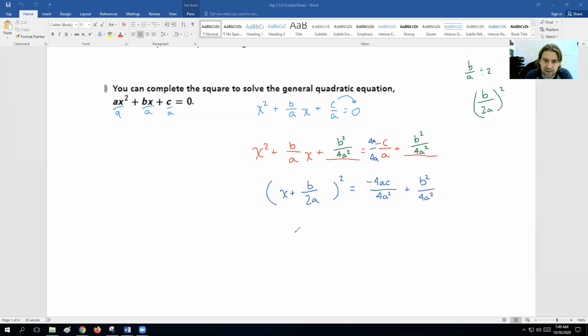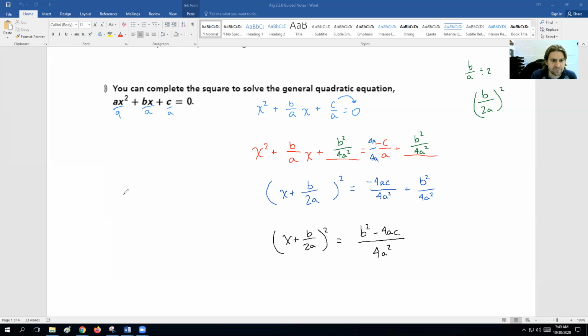So it'd be better to write this as x plus b over 2a squared equals b squared minus 4ac all over 4a squared.